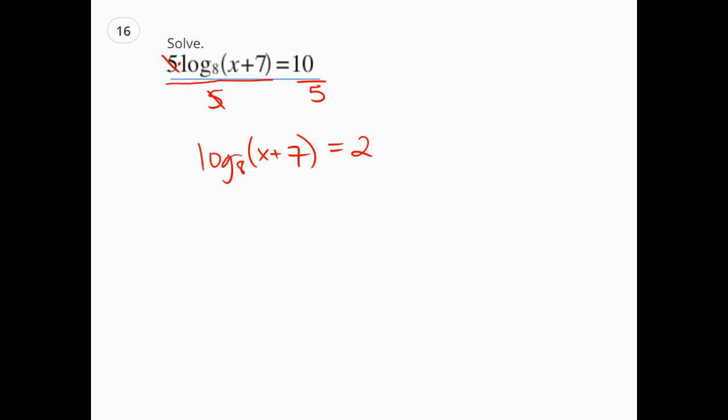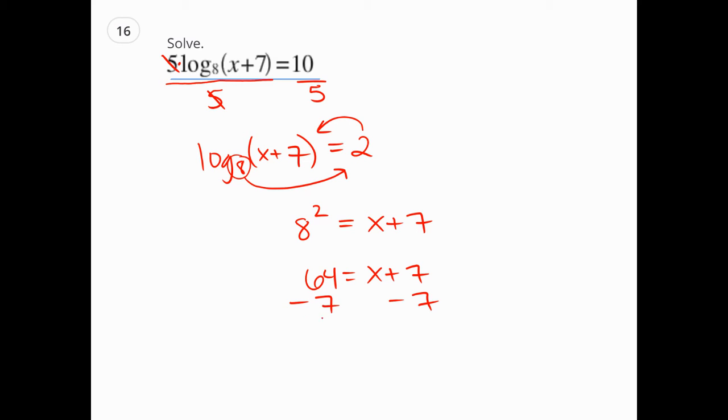So I would take my base and I would switch it around. So I have 8 squared equals x plus 7. That turns it into a fairly easy problem by swirling and changing it to an exponential. Okay, so then I have 64 equals x plus 7. Subtract 7 from both sides, and I get 57 equals x, and that's my answer.